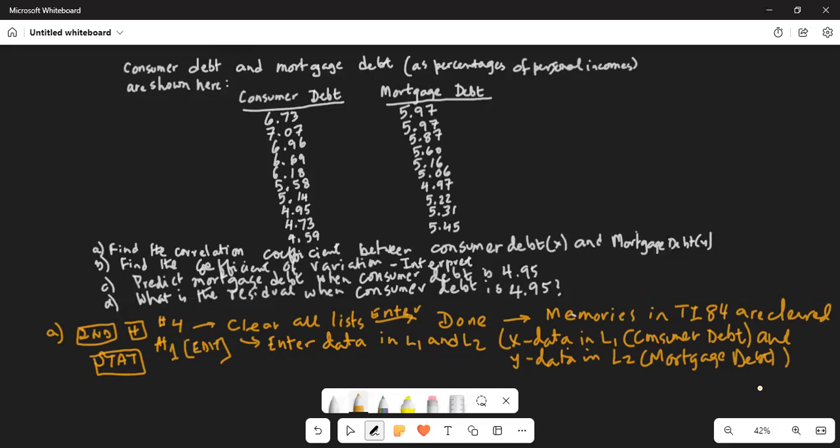After you have entered the 10th data point in L1, your cursor is now sitting on the 11th row in L1.